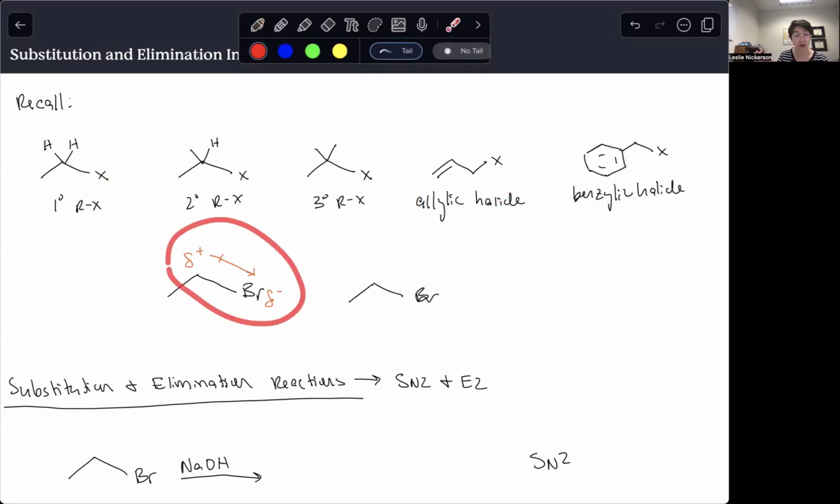Keep in mind too, when you're looking at dipoles, obviously if you have a delta plus, you probably have a delta minus. So this bromine, it's tempting to look at it as a nucleophile right now, but we don't really want to be doing that because bromine doesn't want another bond right now. Bromine would be totally happy having all of the electrons of that carbon-bromine bond, and that's how we're going to see the halogens function, as leaving groups.